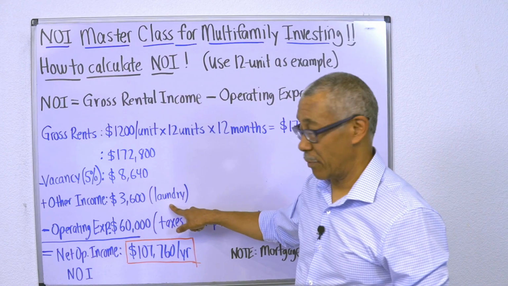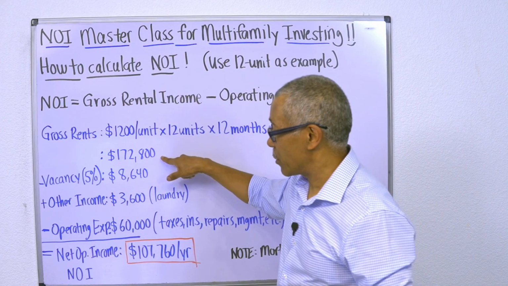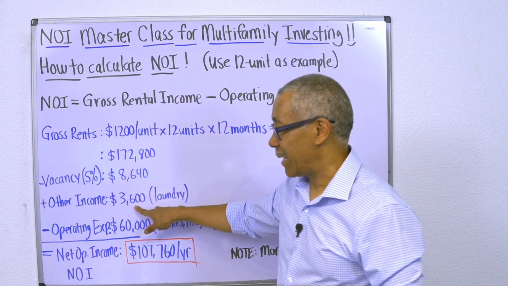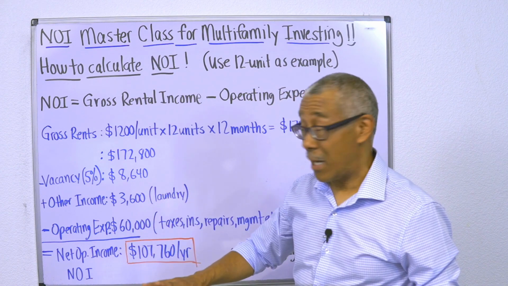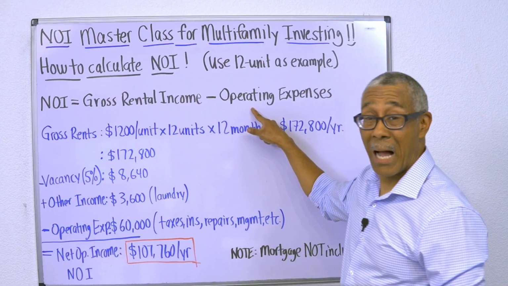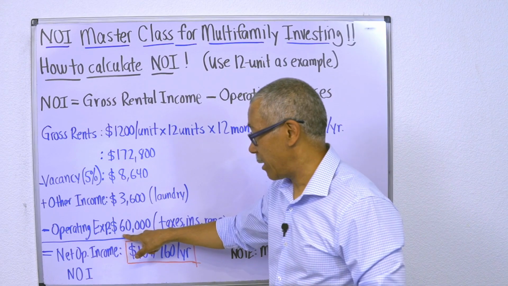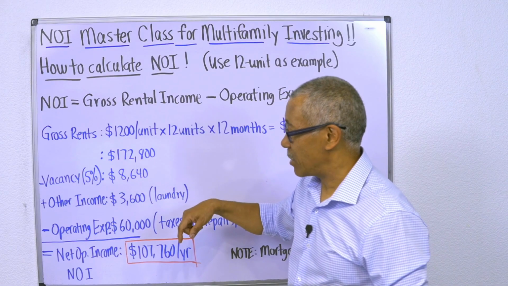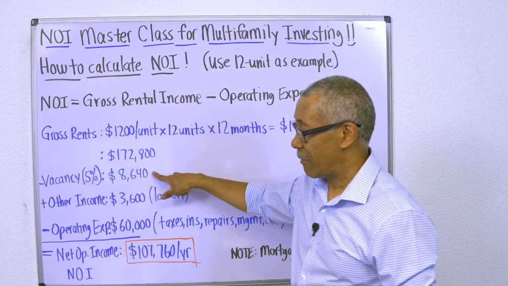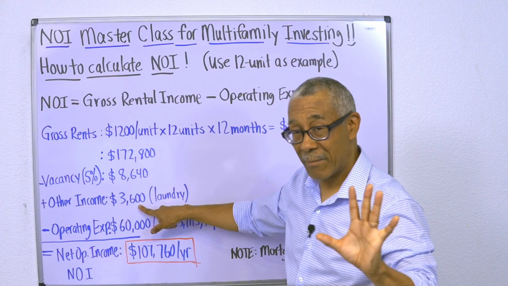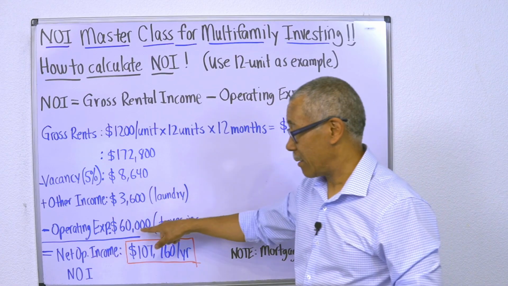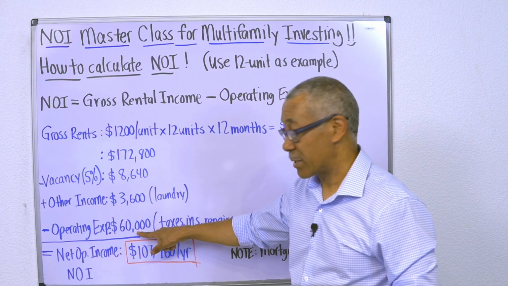So I have my gross rents minus my vacancy, I'm going to add back in some laundry, and then I'm going to subtract my operating expenses. Operating expenses here are $60,000. So 172,800 minus vacancy, add my laundry back in, and then subtract my operating expenses of $60,000.